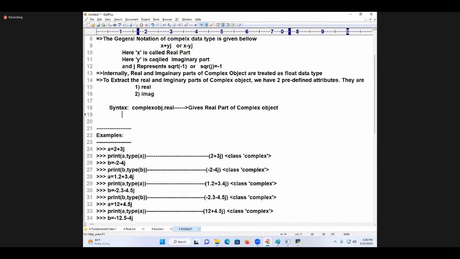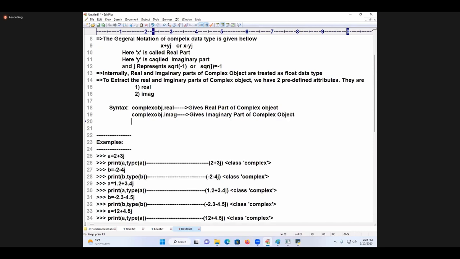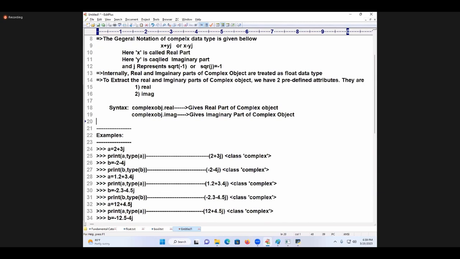One more is called complex object dot IMAG, which gives the imaginary part of the complex object. Are you getting it? Now students, go to the example here.